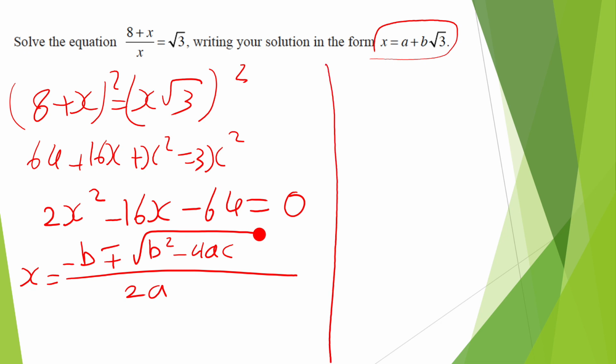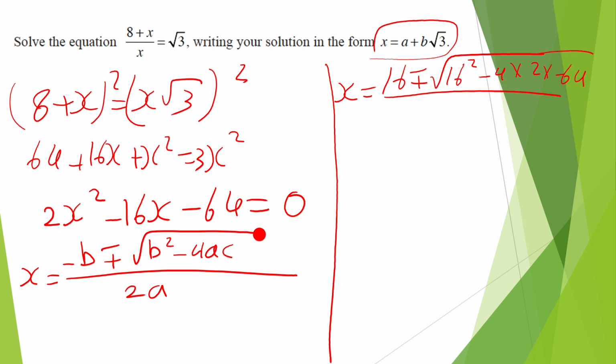Putting it in here, x equals negative b. b is negative 16, so that would be 16 plus or minus square root of 16 squared minus 4 times 2 times negative 64, over 2a. 2 times a is 4, so that's why it's 4 in here.